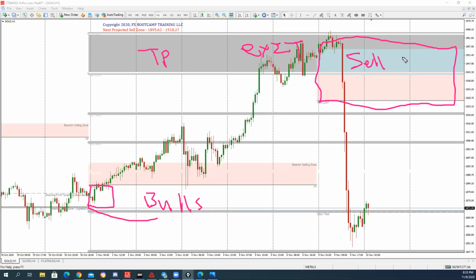And here is where bears are supposed to sell, and I have to scroll down further to show you where bears would take profit. But based on what I'm seeing right there, we already hit the target. This is the weekly target right here. This is the conservative weekly target.